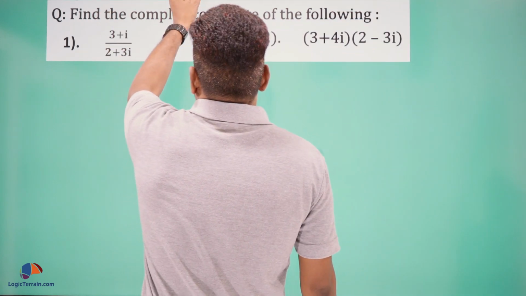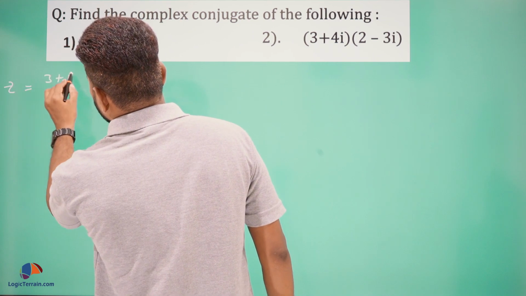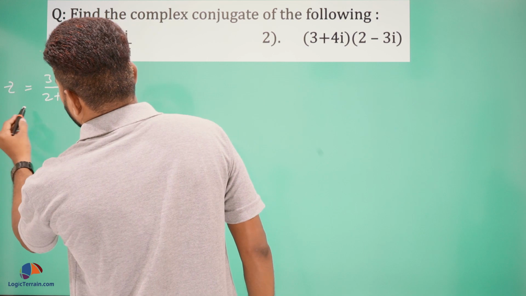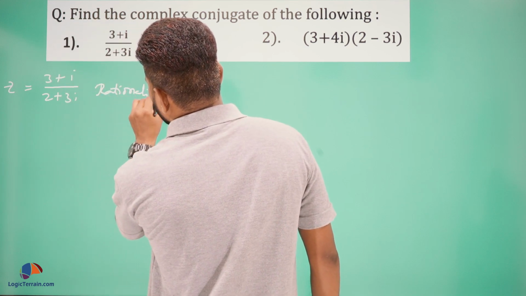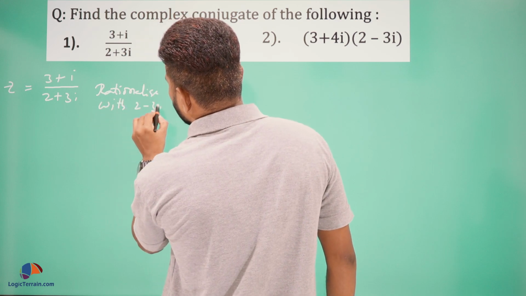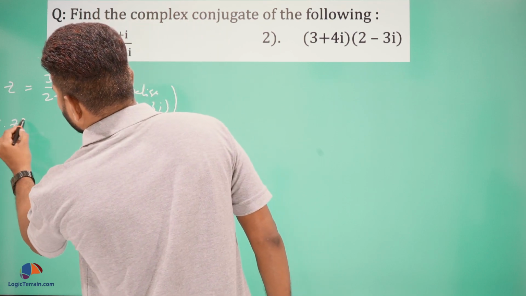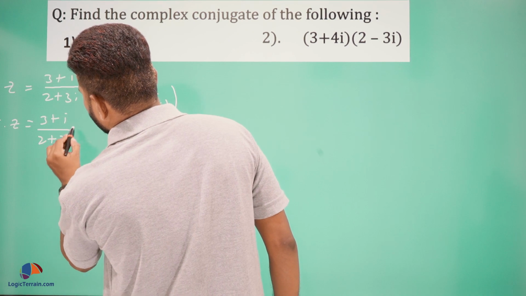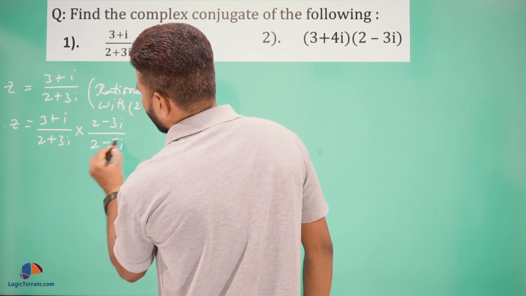Let us assume z equals (3 plus i) upon (2 plus 3i). So rationalize with 2 minus 3i. Therefore z equals (3 plus i) upon (2 plus 3i) into (2 minus 3i) upon (2 minus 3i).